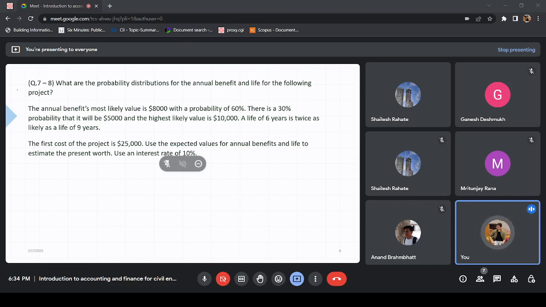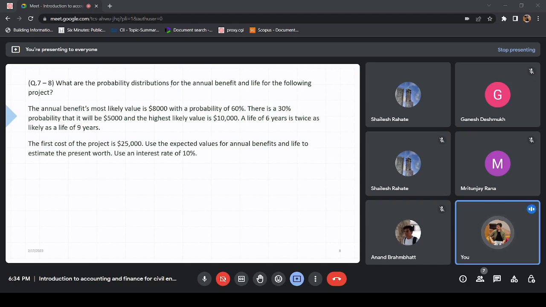So the further questions for this topic have been taken from one very nice book. It covers multiple types of questions. I'll give you the reference at the end. So what are the probability distributions for the annual benefit and life of the project?